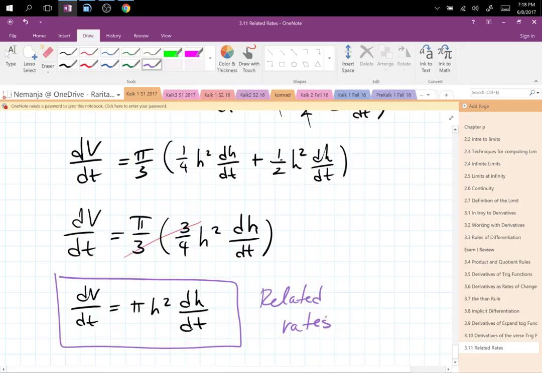So now I know how much the volume is changing, how much sand is coming in. I can measure the height using my eyes, because there might be behind the sand pile marks of how tall the pile is. And I can calculate how fast it's changing. It is pi over 4.